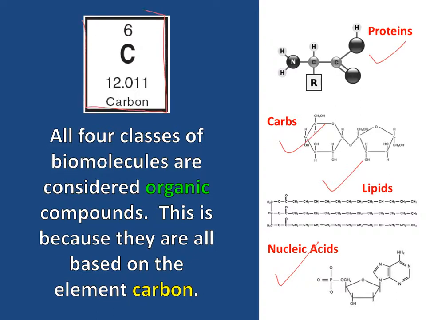And carbon on the periodic table is represented with a C, just like nitrogen is with an N. So look at your notes, question number 16. Why are all 4 classes of biomolecules considered organic? And that's just because they all contain the element carbon. So right there's your answer for 16.